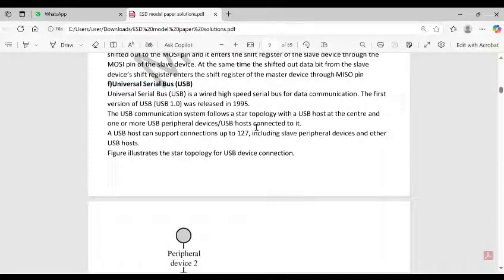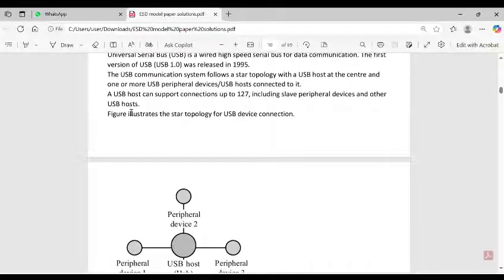And the next one is universal serial bus, USB. Universal serial bus, USB, is a wired high speed serial bus for data communication. The first version, USB 1.0, was released in 1995. The USB communication system follows a star topology with a USB host at the center and one or more USB peripheral devices.